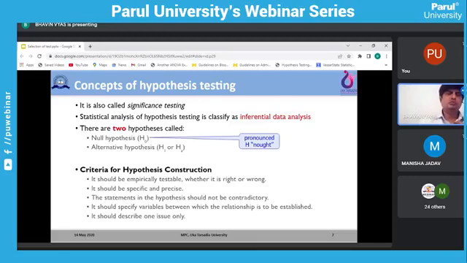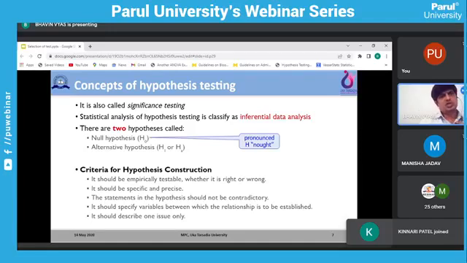Why we need to state this hypothesis is for checking whether the assumption we are making before starting our experiment is correct or not. For that, we are forming a statement. So that's why, apart from hypothesis testing, this is also famously known as significance testing.